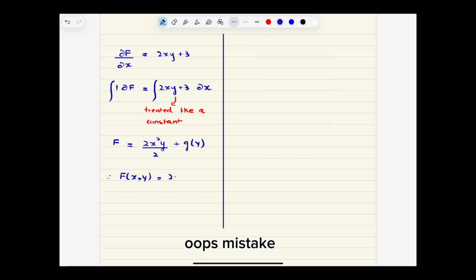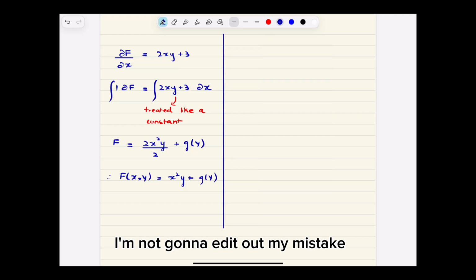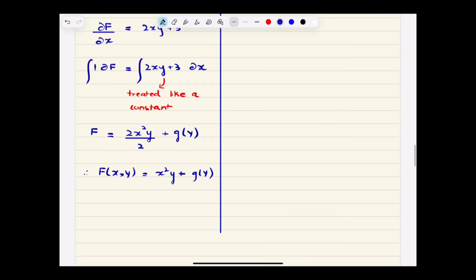Oops, mistake. x square y plus g(y). I'm not going to edit out my mistake because I want you guys to see that anybody can make mistakes. Okay, so this is the function.